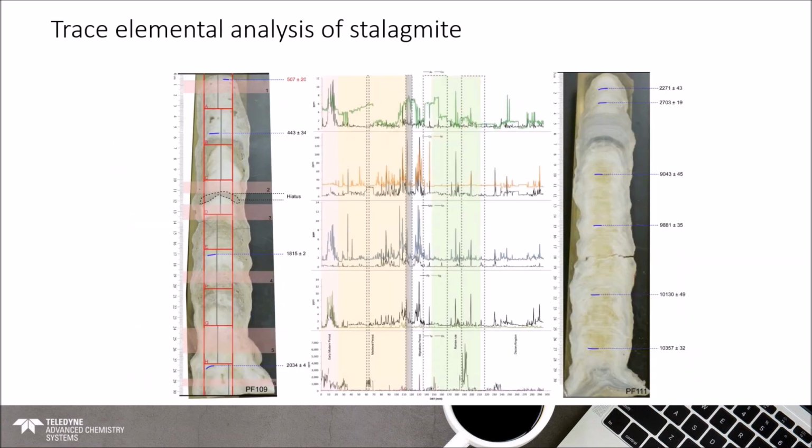So to show you some neat examples, this one I think is neat for a couple of reasons that I'll get into. What you're looking at here are stalagmites that were analyzed from a cave that was near an old Roman gold mine.